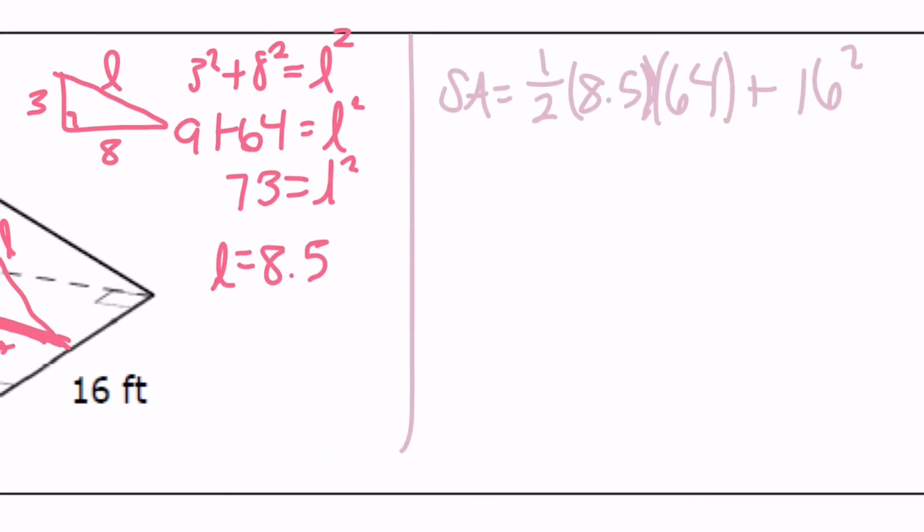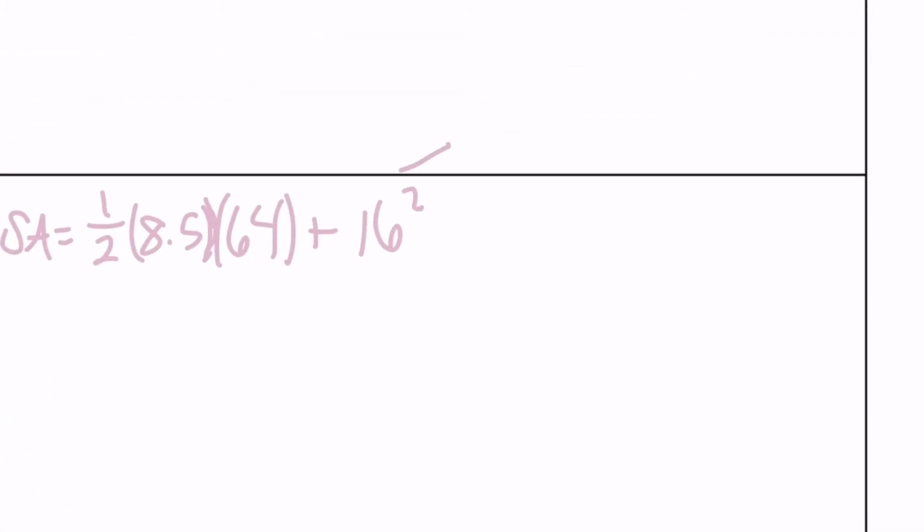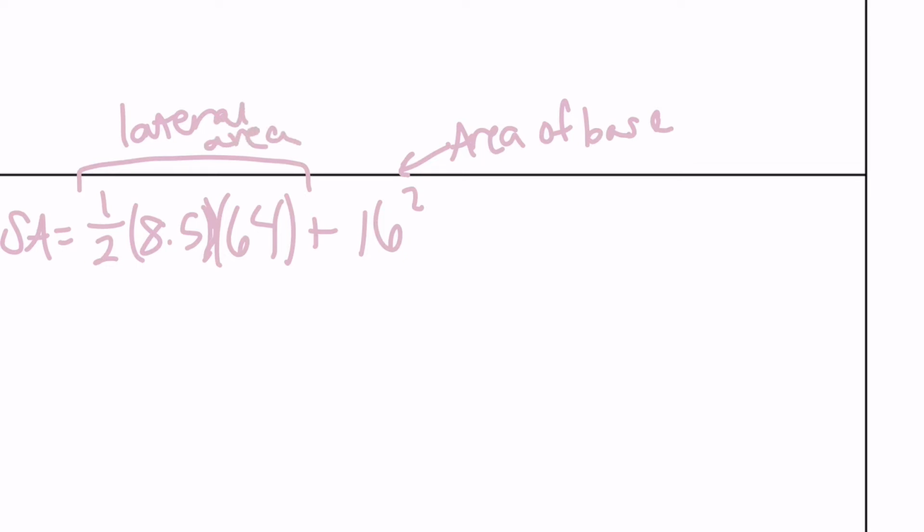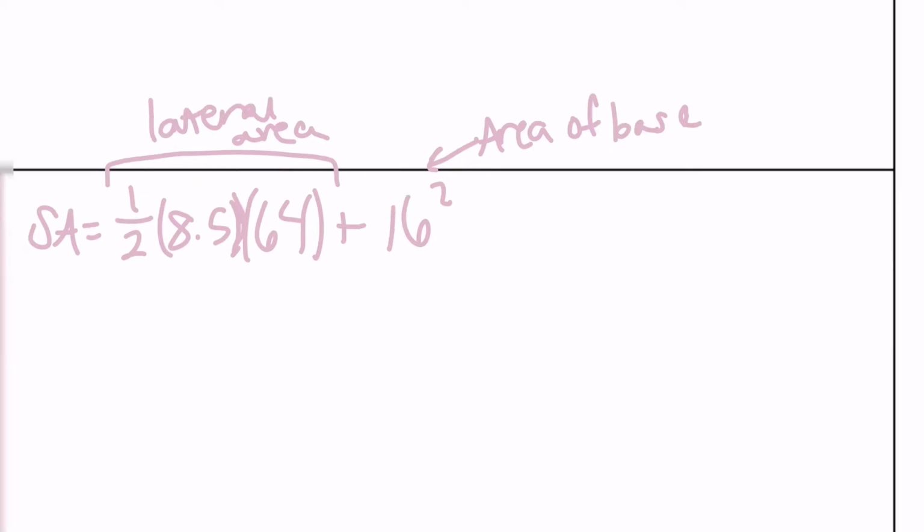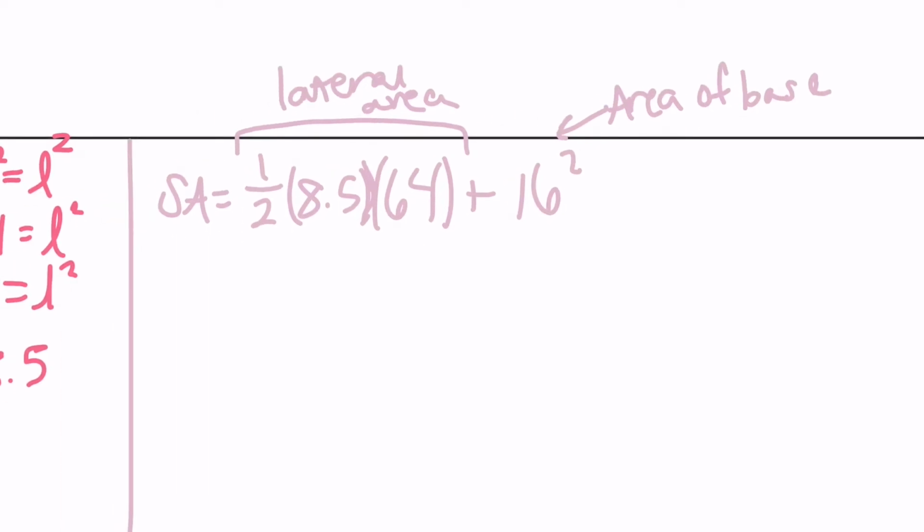That's the area of the base, and this is the lateral area. You don't have to write that in. I was just showing you where I'm getting these pieces of information from.